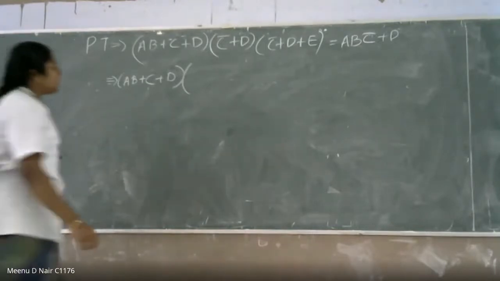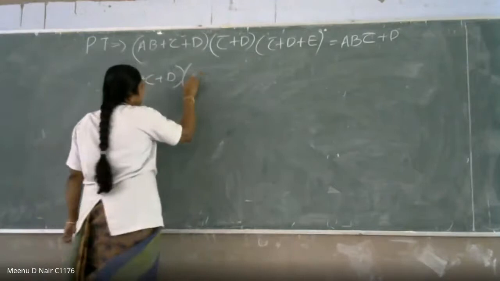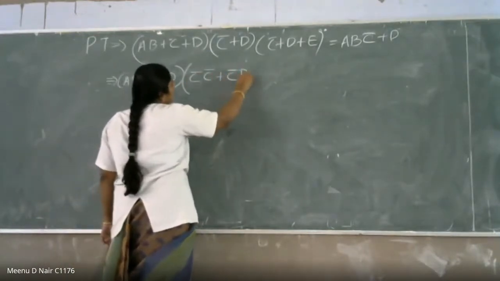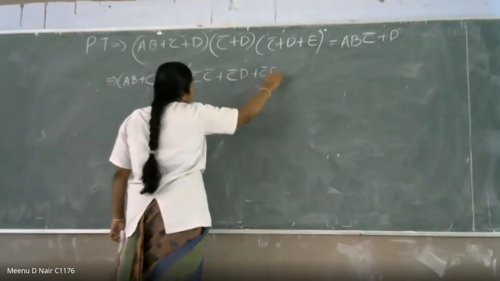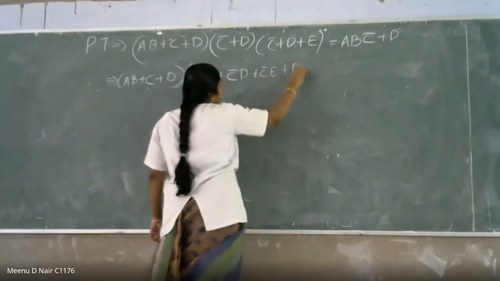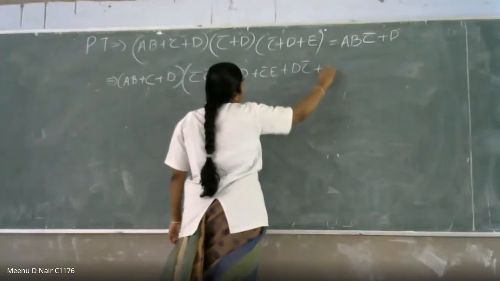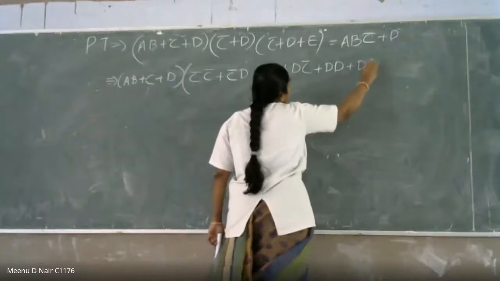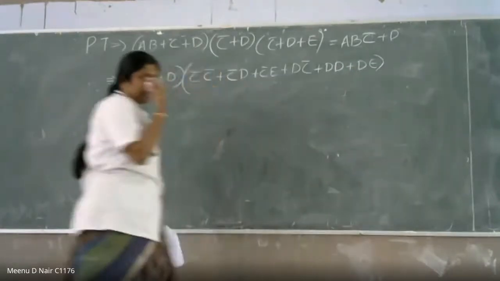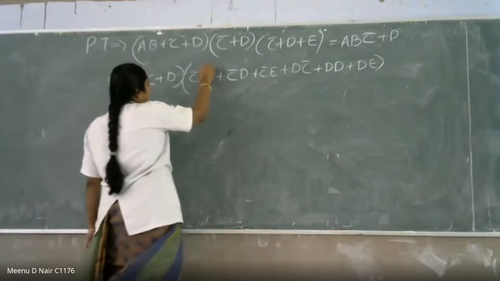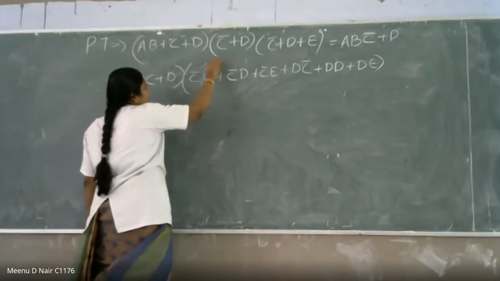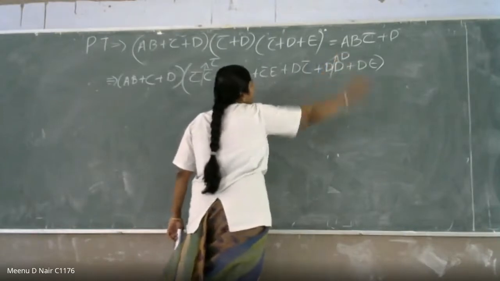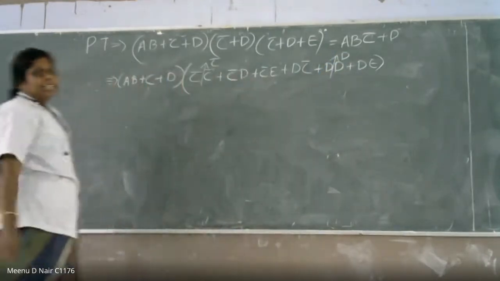So C bar into C bar plus C bar E plus C bar D plus D E. Okay, this is the expansion. So C bar into C bar is nothing but C bar. Similarly, D into D is nothing but D itself, right?